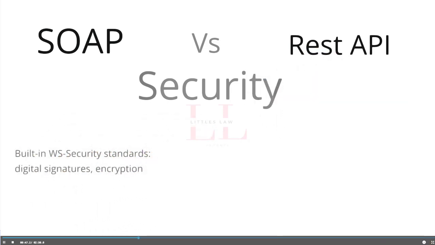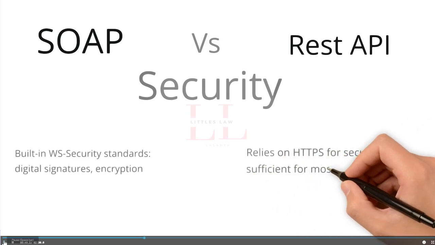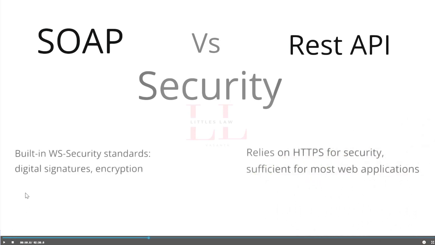So when it comes to SOAP, we do have the built-in WS security. SOAP supports advanced security features through WS security, which provides end-to-end security, including message integrity. So whenever you send any message, every single byte of the message will reach from the source to the target. That will be taken care of.